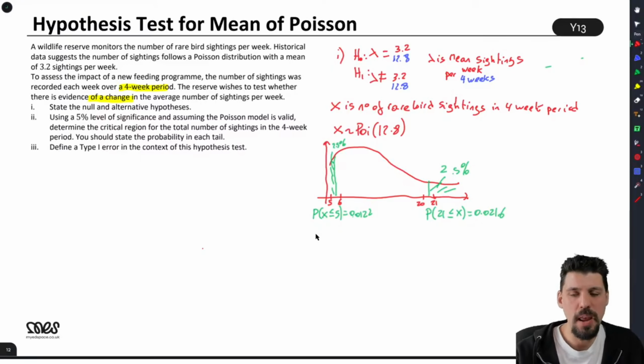So a type 1 error is basically your significance level, all right? It's essentially your significance level, but the real one. So in our case here, we will reject if we're less than or equal to 5 or bigger than or equal to 21. So in our case here, the probability of a type 1 error will be the actual area in my two tails.